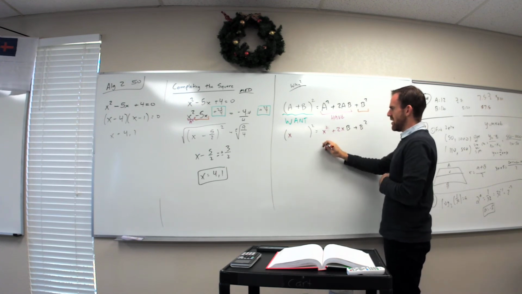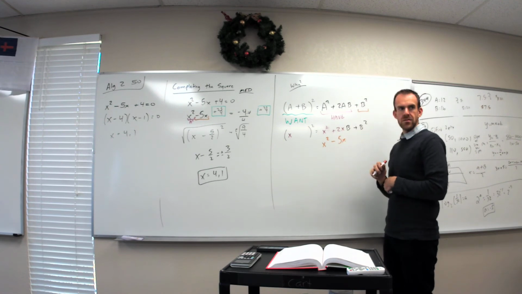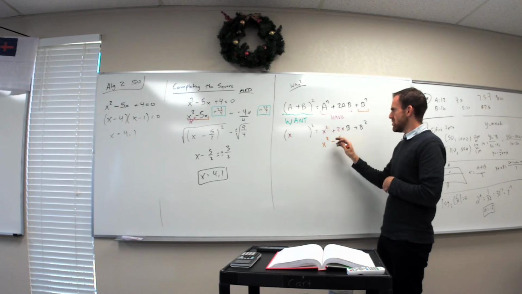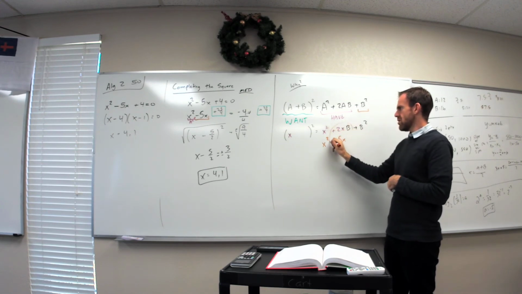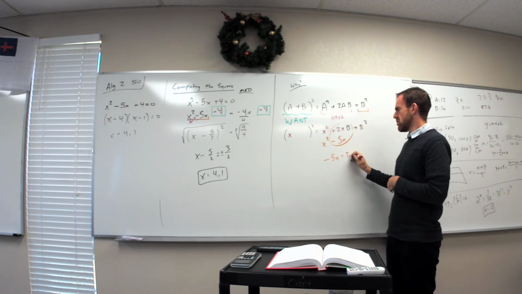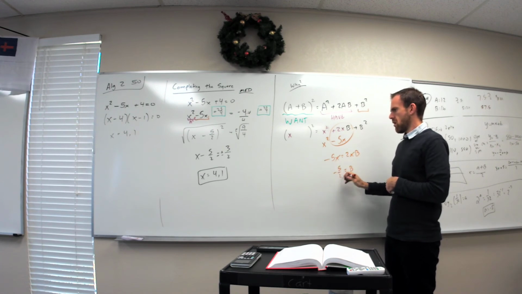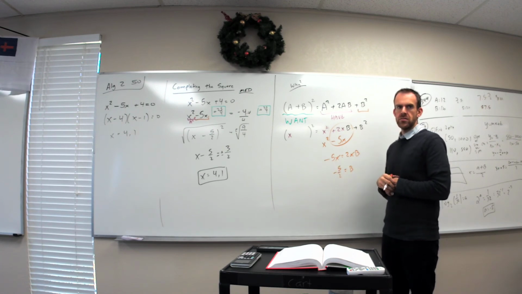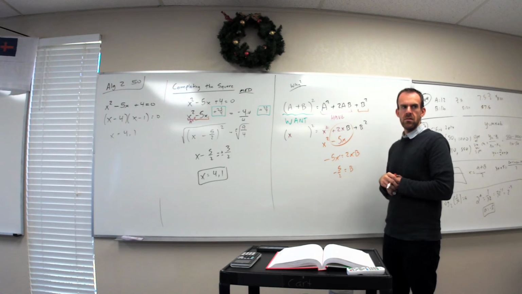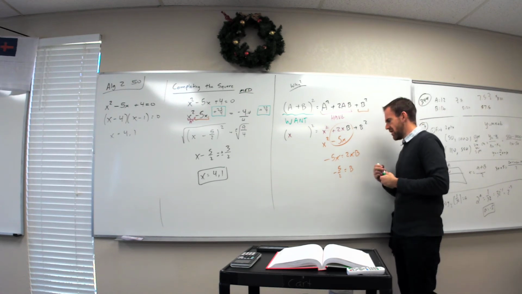So I have x squared minus 5x, and I'm looking for the last term. If I set these two equal, I can find b. Once I have b, I can find b squared.